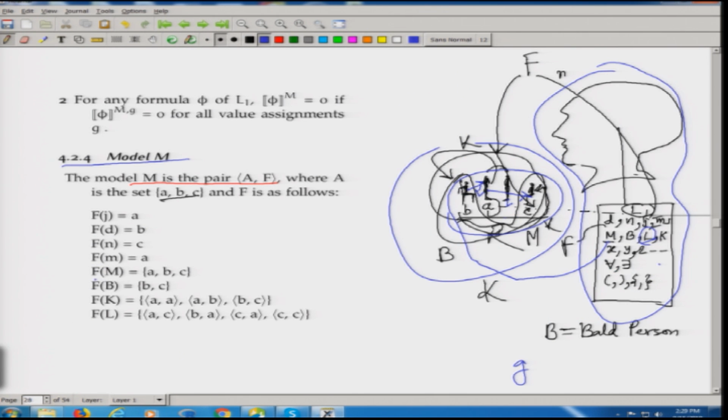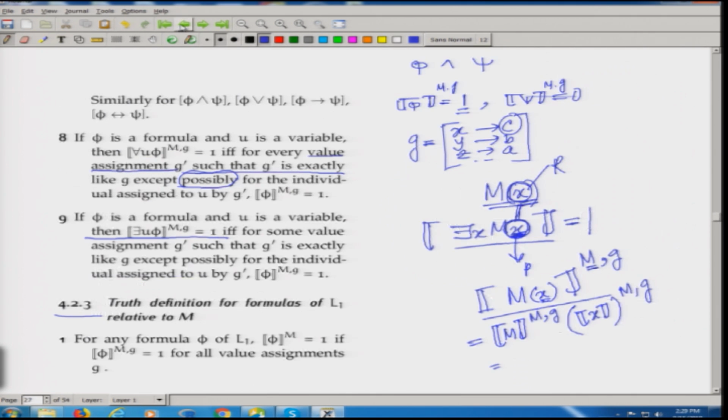This is the denotation of M: a, b, c, all three, right? We get back, functionally speaking, a1, b1, c1, and then this gives us c. What is the result? 1. Thus, we compute the truth value of Mx, but not Mx with respect to the model M alone, but Mx with respect to the model and a value assignment function g, without which Mx is actually truth valueless.